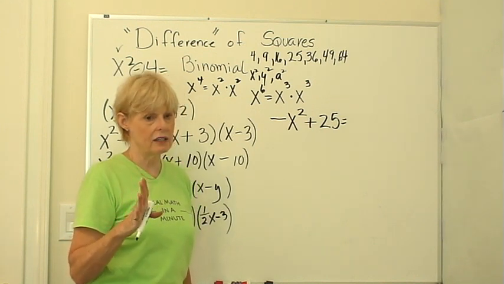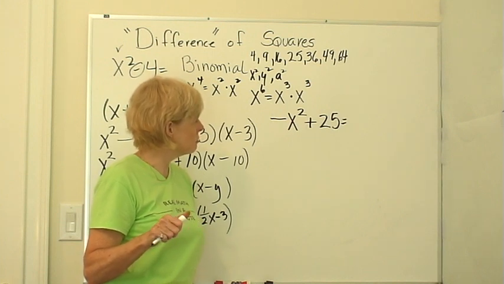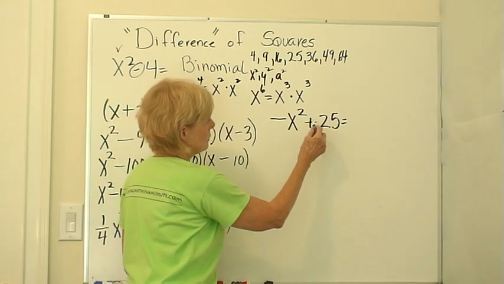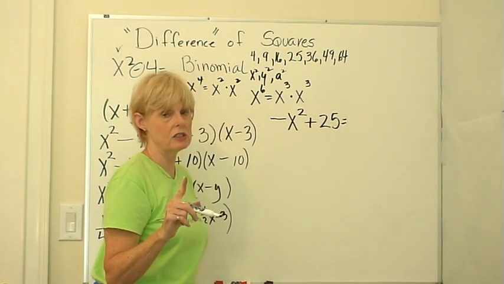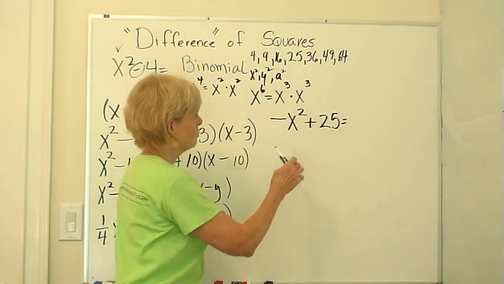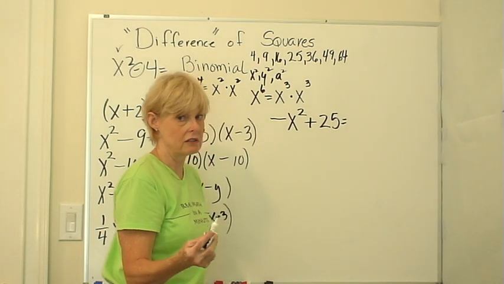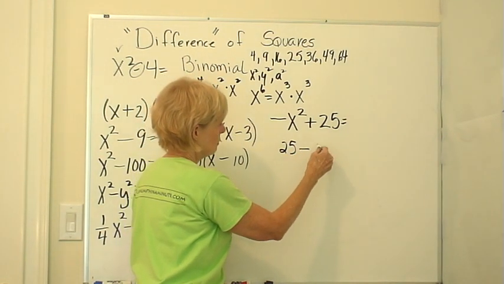Well, in that case, let's just turn it around. Let's just say that I'm not taking something to the other side, so I'm not changing any signs or anything. I'm just saying that negative x squared plus 25 is exactly the same thing as 25 minus x squared.